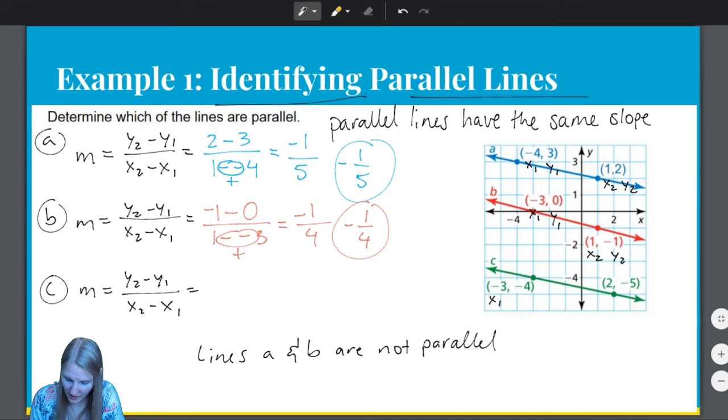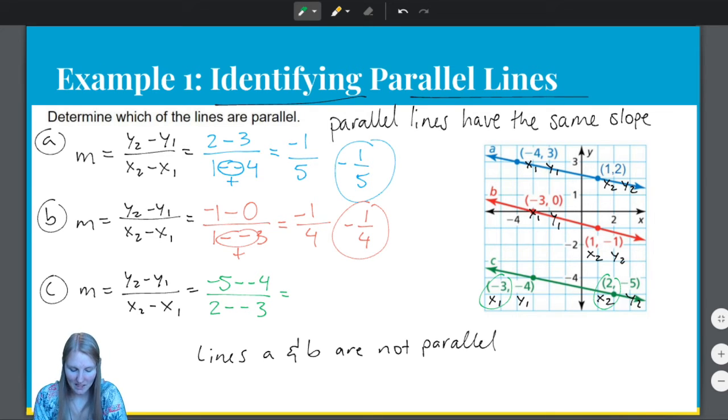So we have x1, y1, x2, y2. And y2 is negative 5 minus y1 is negative 4, over x2 is 2 minus x1 is negative 3.